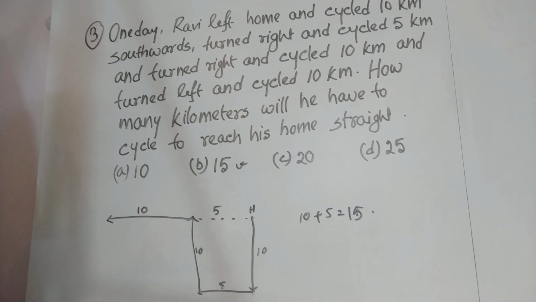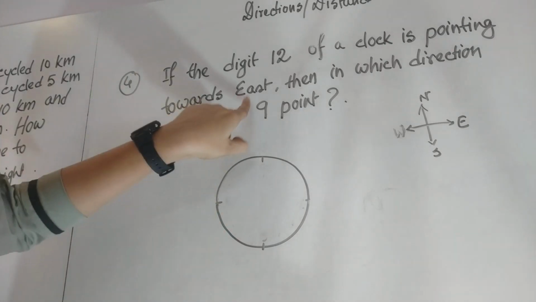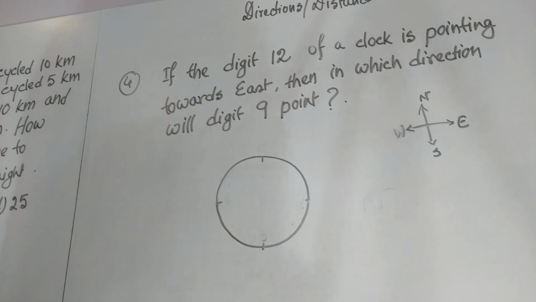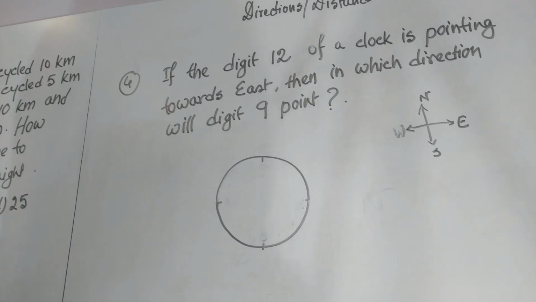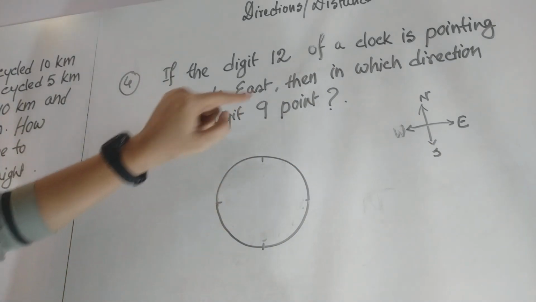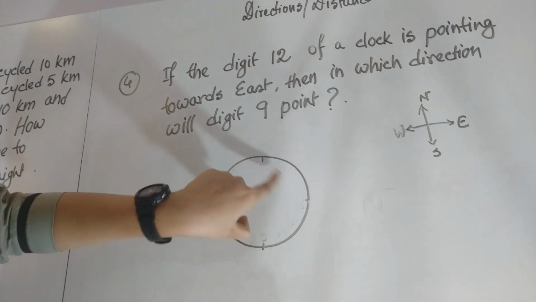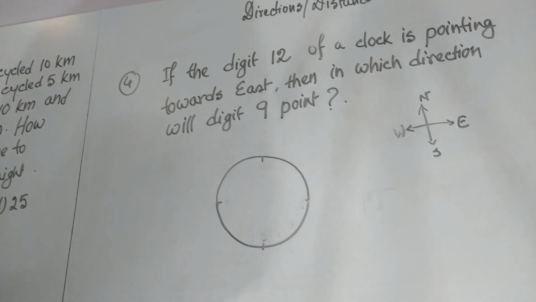Next, number 4. If the digit 12 of a clock is pointing towards east, then in which direction will digit 9 point? Now again, to solve this problem, we need to take help of this diagram. Here 12 is pointing towards east, that means 12 has shifted from here to here.